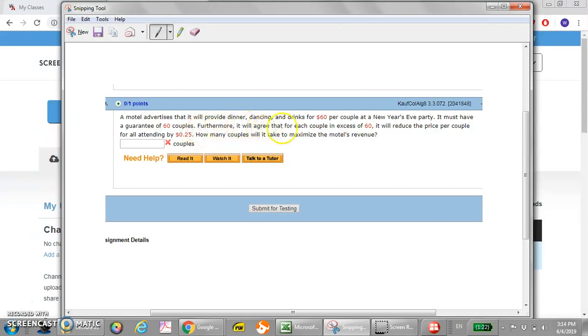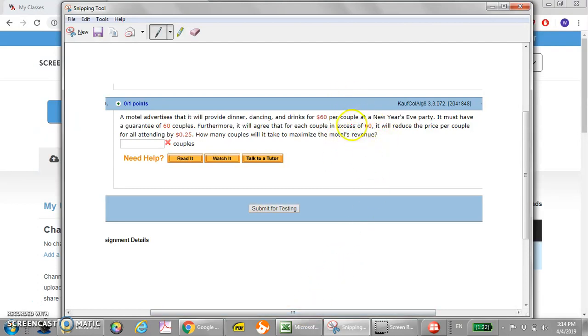Furthermore, it will agree that for each couple in excess of 60, it will reduce the price per couple for all attending by $0.25. And we want to decide the number of couples which will maximize the motel's revenue.